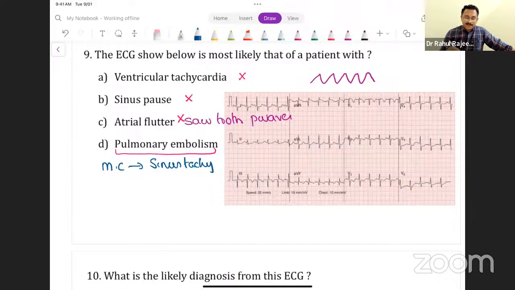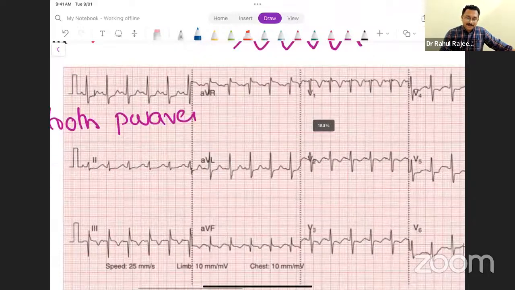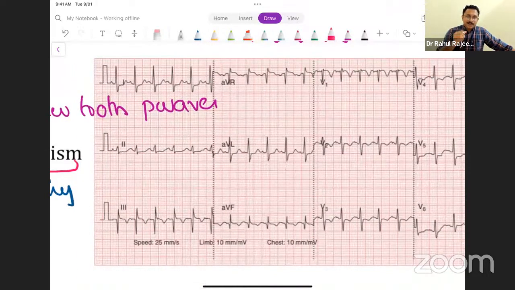There is a tachycardia, but you are seeing a specific pattern here. What is the specific pattern? Now, I have seen pulmonary embolism in the options. When I am looking at the ECG, I already know about a very specific ECG pattern in pulmonary embolism, which Dr. Meet Patel has rightly said, and I can see others also replying to that.